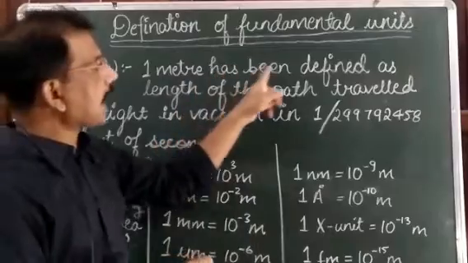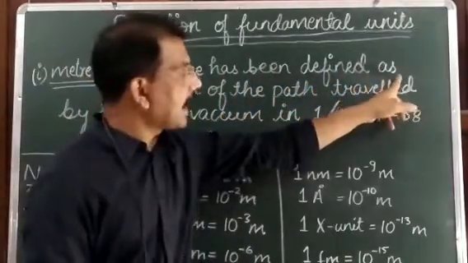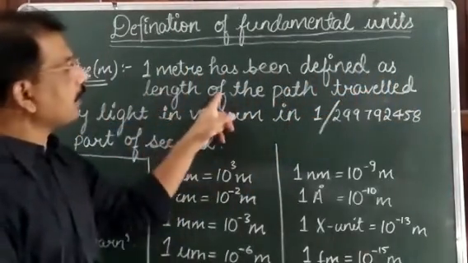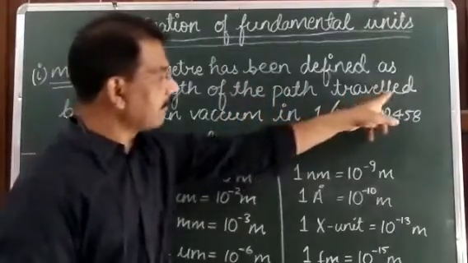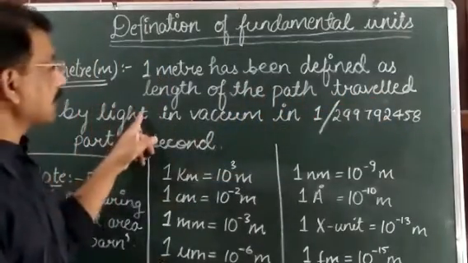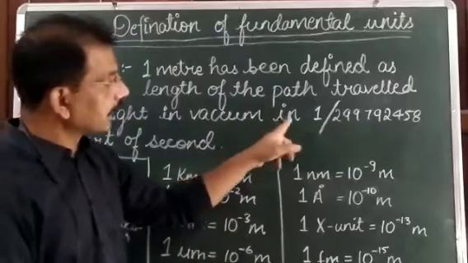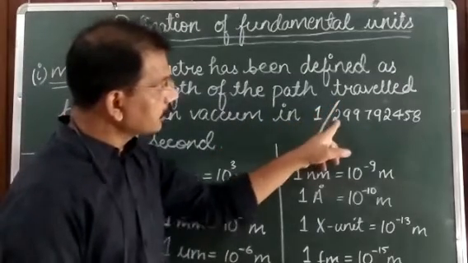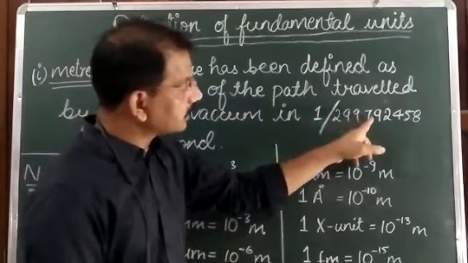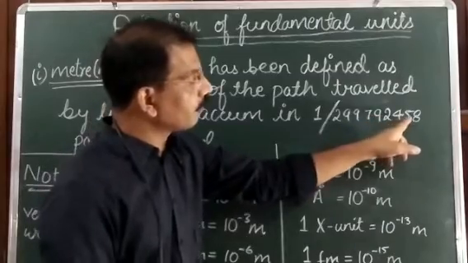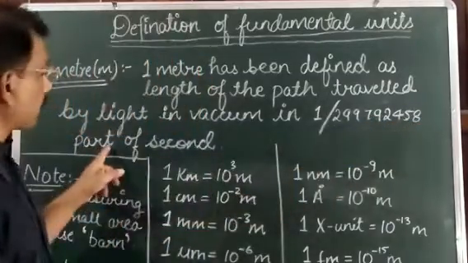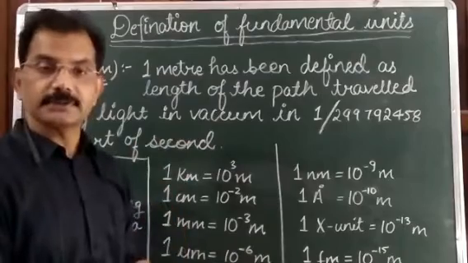1 meter has been defined as the length of the path traveled by light in vacuum in 1 upon 299,792,458 part of a second.